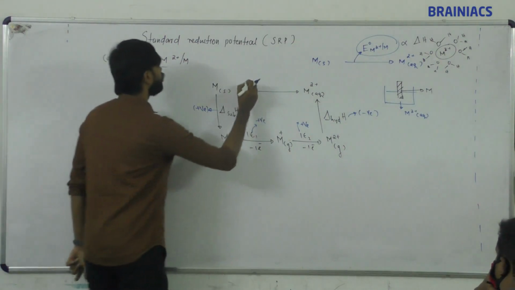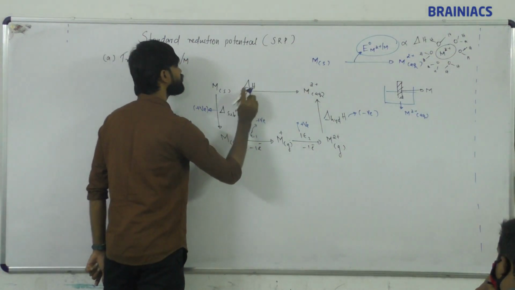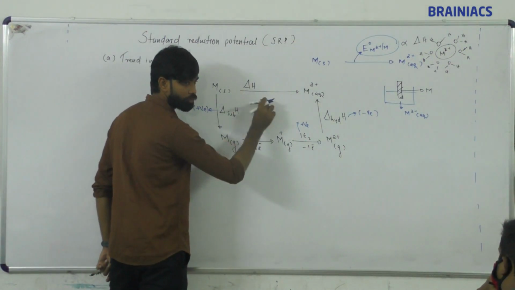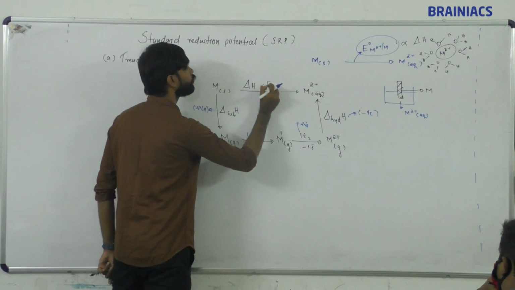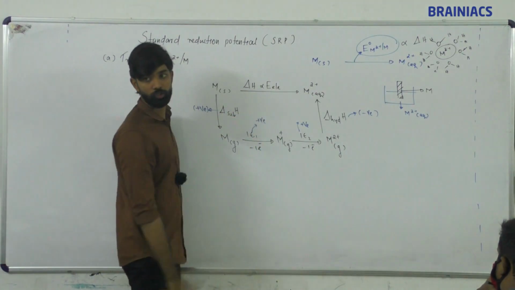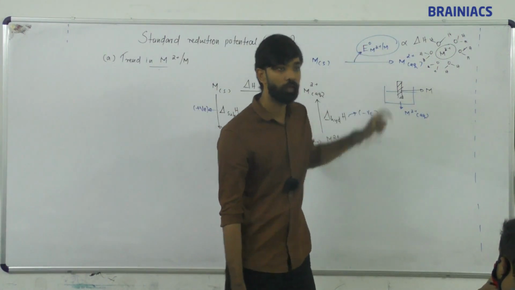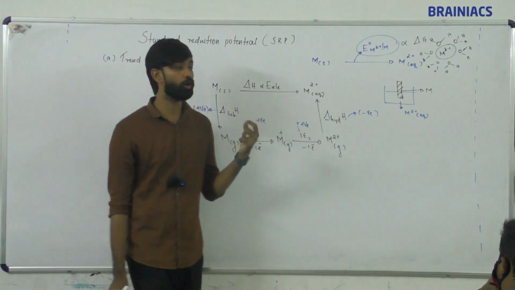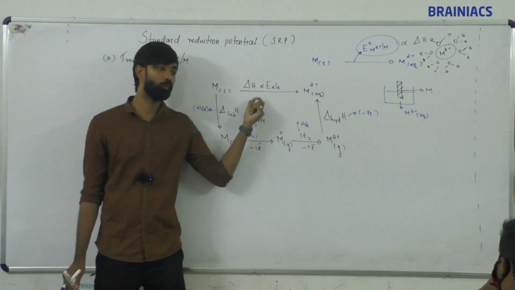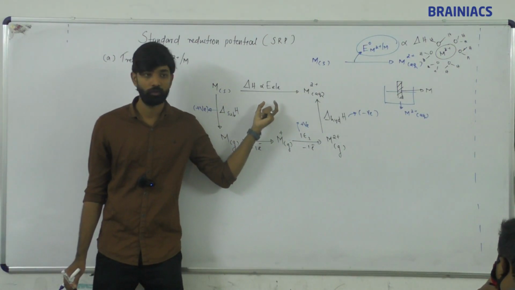So already told you that the change in enthalpy of this conversion is proportional to the electrode potential. The higher the change in enthalpy, the more positive the change in enthalpy, the more positive will be the electrode potential.